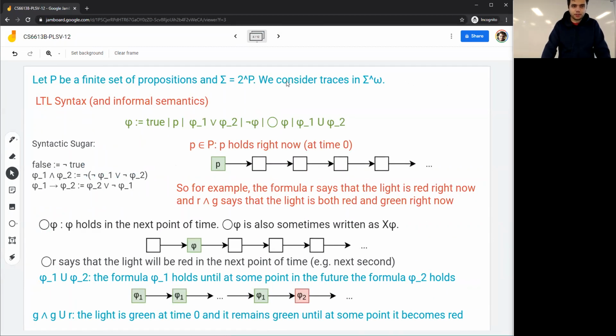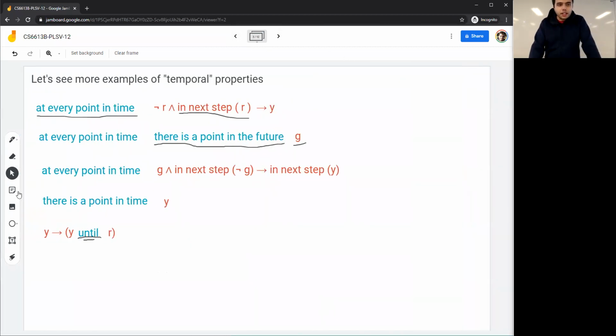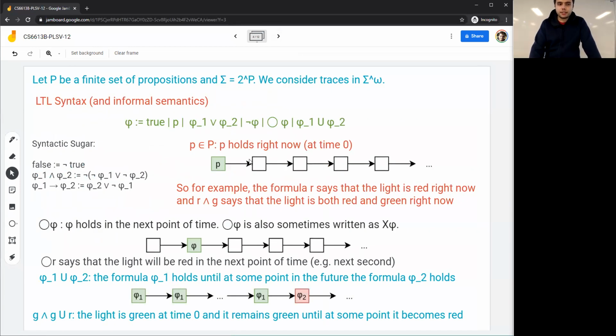Okay, so let's give some formal names to these operators that we had here, and let's define a syntax. While I'm defining the syntax, I'm also going to informally tell you what the semantics are, but then of course we're going to go into it and define the semantics formally as well.